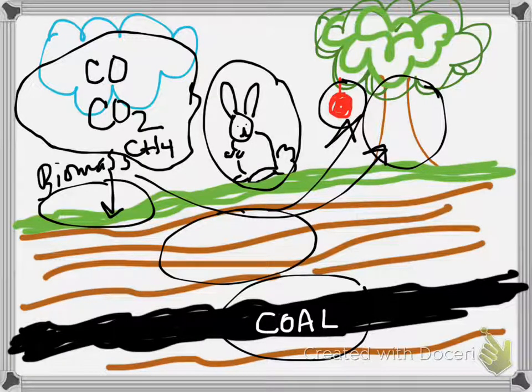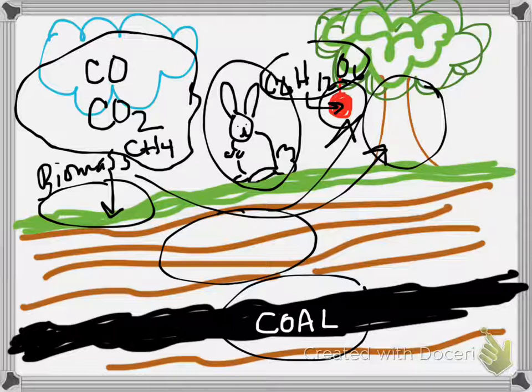Now, one of the primary forms of carbon that we see in our apple is C6H12O6. And that's a simple sugar molecule. That's glucose. And a lot of what's being stored in the grass and the apple, and some in the tree, not as much, is in this form of sugar.